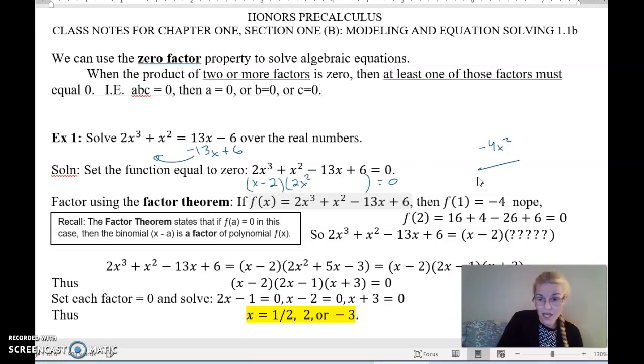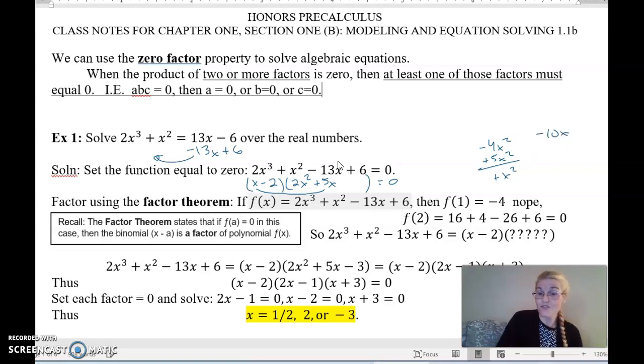I want a positive x squared. So what do I need to get a positive x squared? Well, I'm going to need a positive 5x squared, which means x times this next thing had better be positive 5x. X times 5x gives me that 5x squared. So I end up with the positive x squared that I need here in this term. But again, I now have -2 times 5x is a -10x.